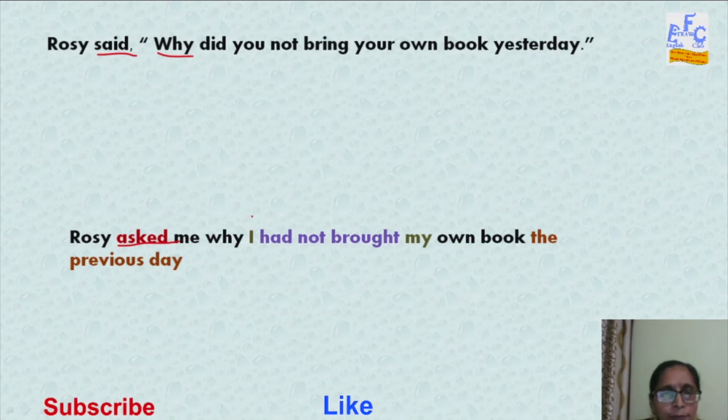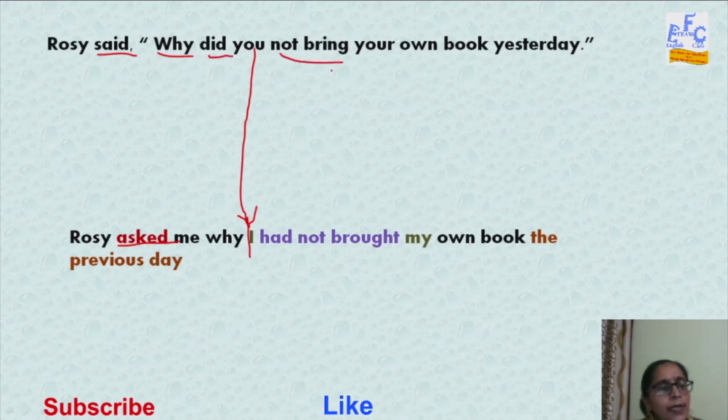So, we have kept the word why as it is and converted the question into a statement. You did not bring your own book yesterday. So, this you is taken to I, first person pronoun, and did not bring, this verb is converted into had not brought, as did not bring is the past and it will be converted to past perfect, had not brought.